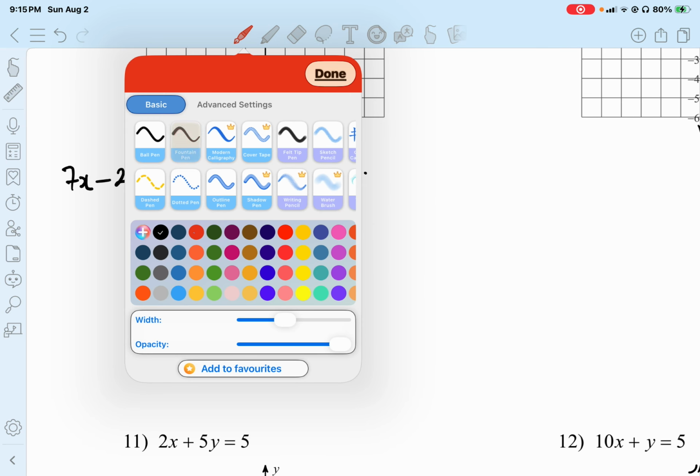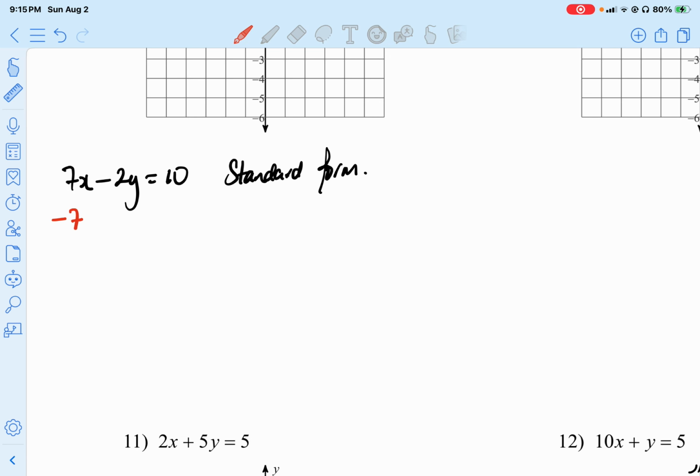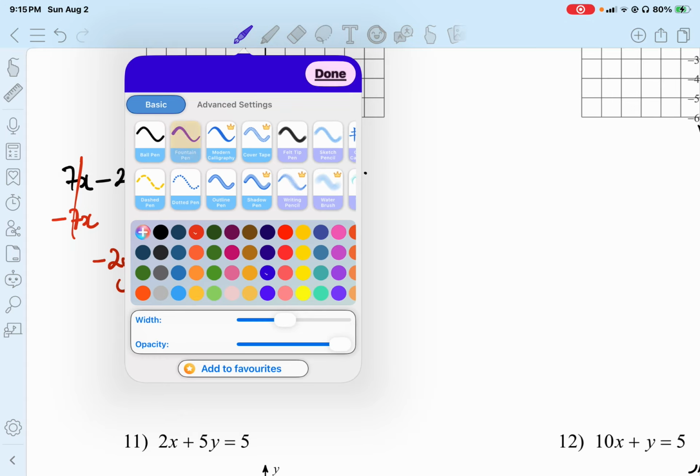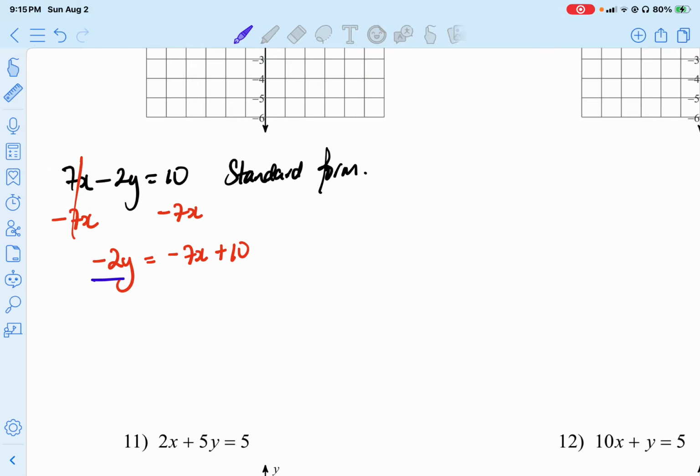We're going to subtract 7x from both sides. That's going to leave me with negative 2y, and I always write the 7x first. That's a positive 10. I'm going to divide by negative 2, and I'm going to divide everything by negative 2.